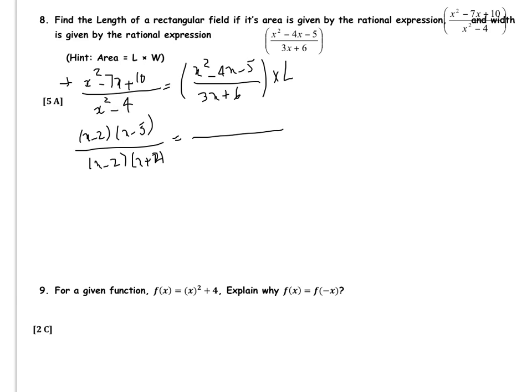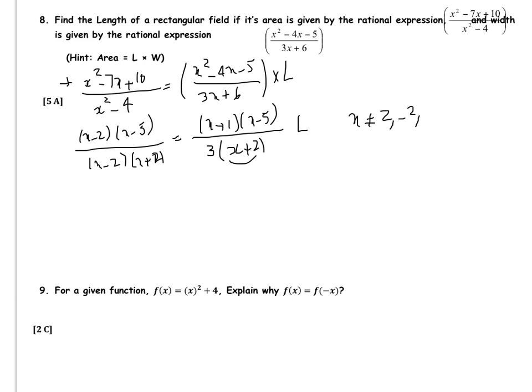Now here again, leading coefficient is 1, find two numbers whose product is -5 and add up to -4, or 1 and -5, and in the denominator I factor 3 out, so I get 3(x plus 2) times L. I'm going to write the restrictions, so the restrictions are 2 and -2, and that's it. And this one is going to be -2, which is already included.